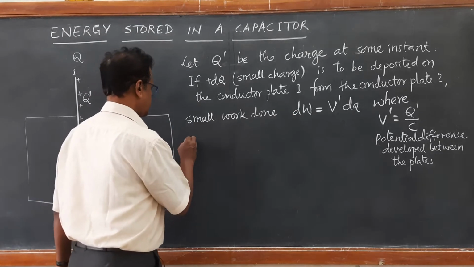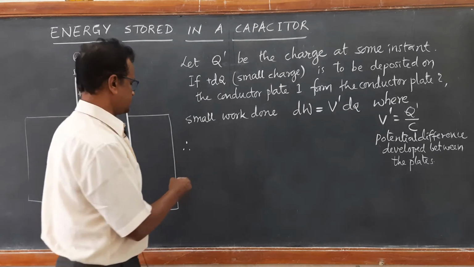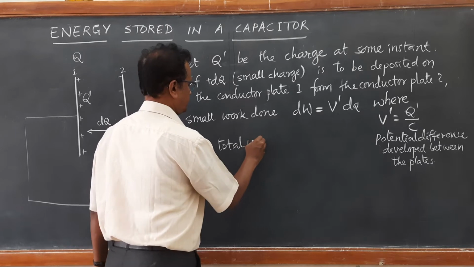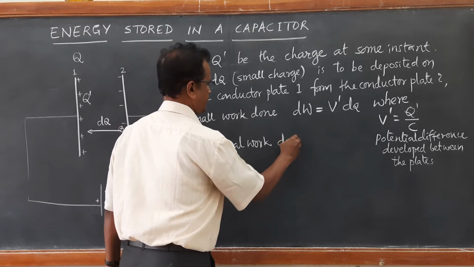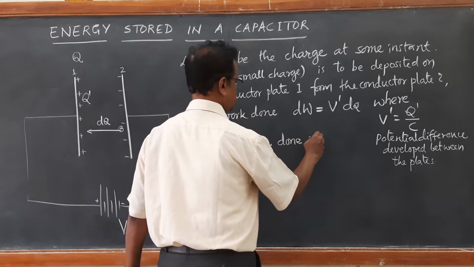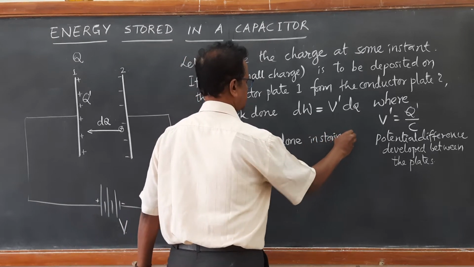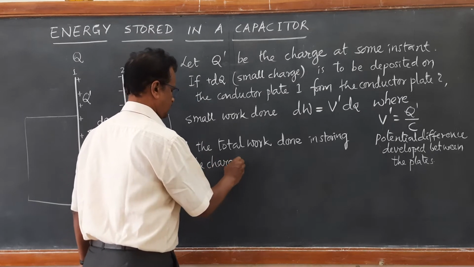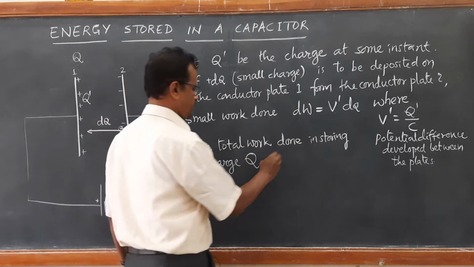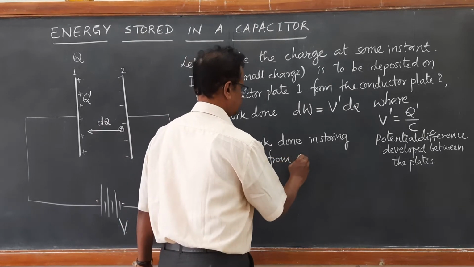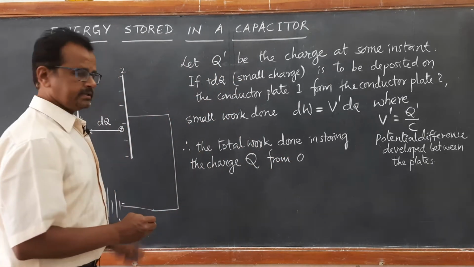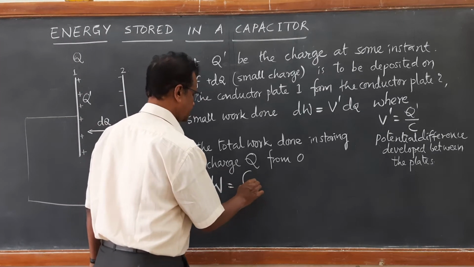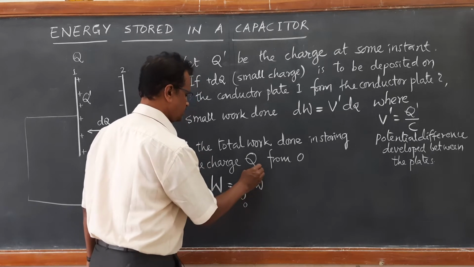Therefore, it is a step by step process. The total work done in storing the charge, total charge q from 0, initially it was empty, is now calculated as work done W is equal to integration of dW from 0 to q.